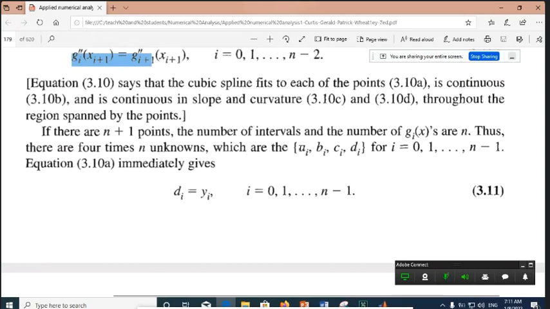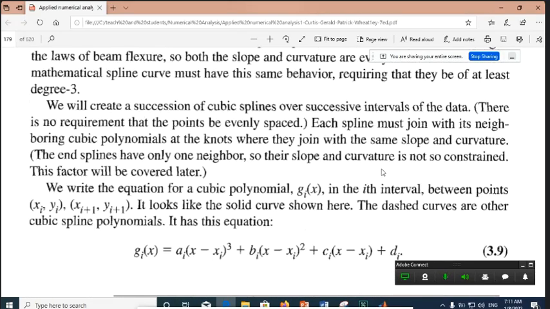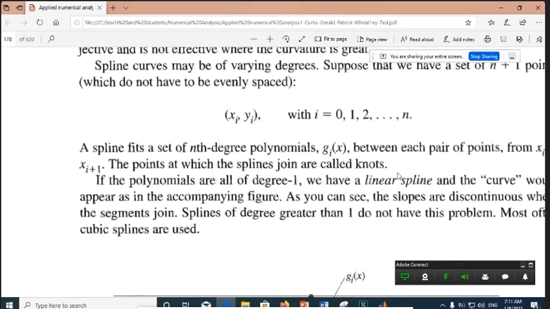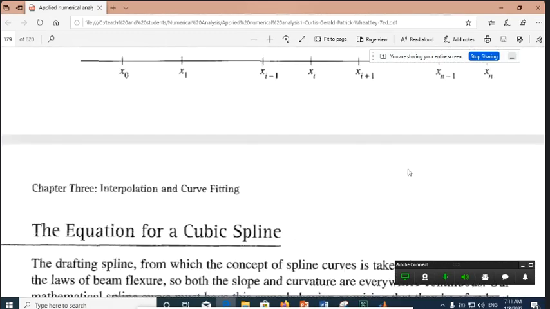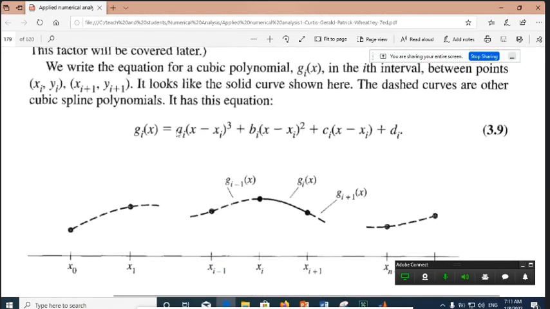The unknowns are a_i, b_i, c_i, and d_i. Unknowns are the parameters of these cubic splines a_i, b_i, c_i, and d_i. These values are unknown.